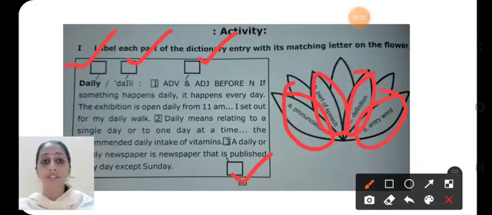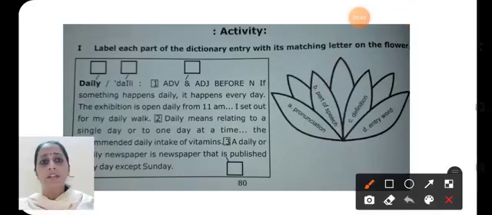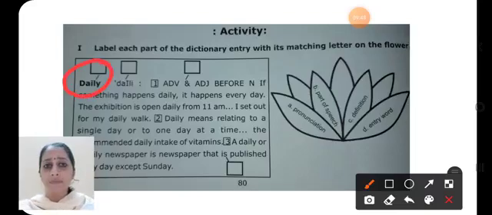Okay, so let's do it together, students. To begin with, we have the word daily. I'm talking about this word daily. Is it pronunciation or is it parts of speech, definition or entry word? Come on, students, tell me.